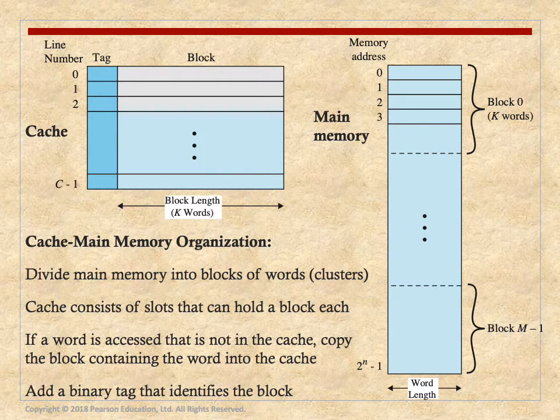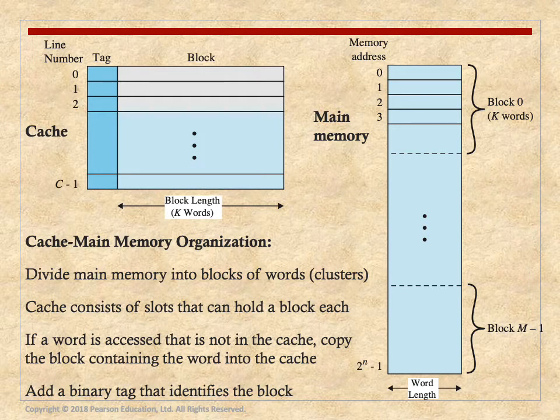In order to use a cache, the main memory has to be divided into blocks, where each block consists of the same number of words. For instance, we may define the block size as 64 words, and our main memory may consist of 1,000 of those blocks. Now on the right, we have our cache memory that consists of a number of slots, where each slot can hold a block.